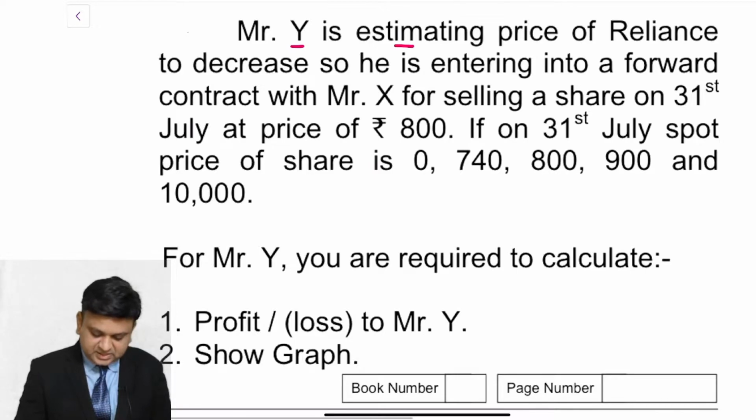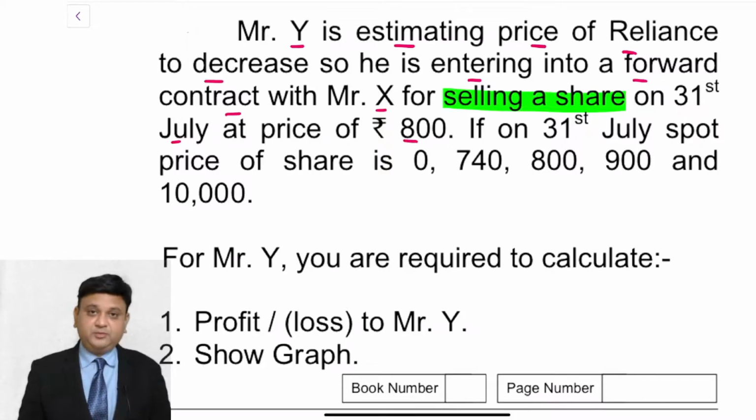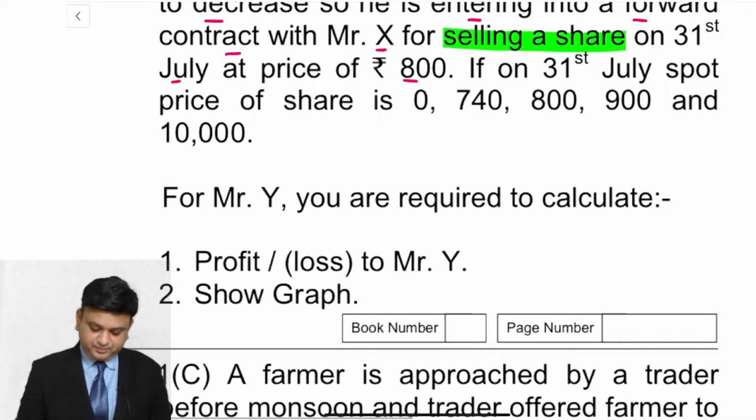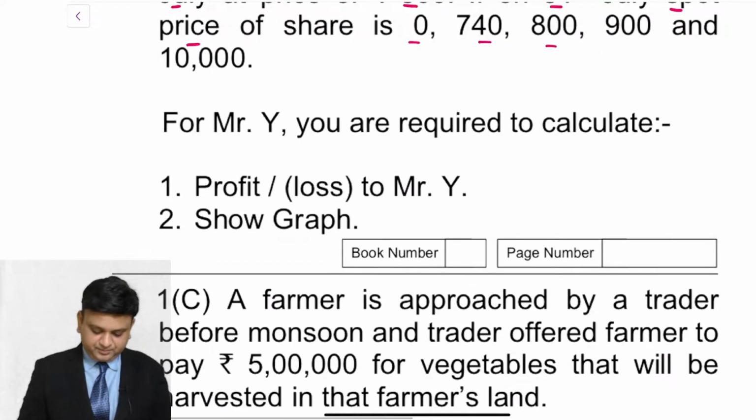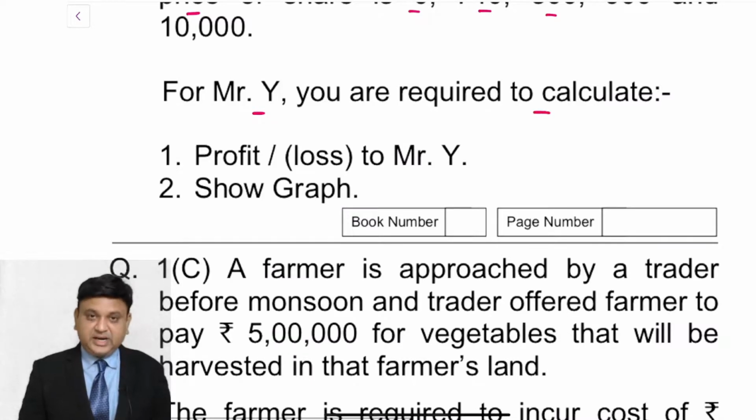Next question. Mr. Y is estimating the price of Reliance to fall down, so he is entering into a forward contract with Mr. X for selling a share on 31st of July at the rate of rupees 800. If on 31st of July the spot price of the security is 0, 740, 800 and so on, for Mr. Y you are required to calculate the profit or loss and show the diagram.